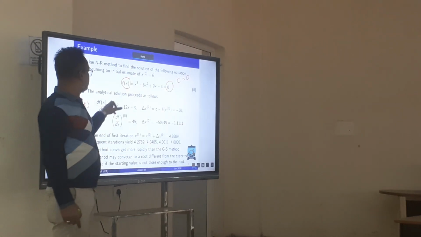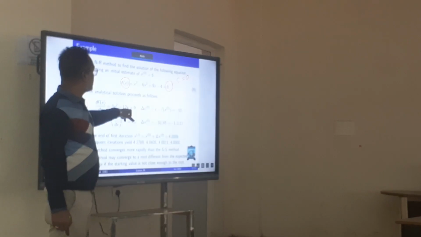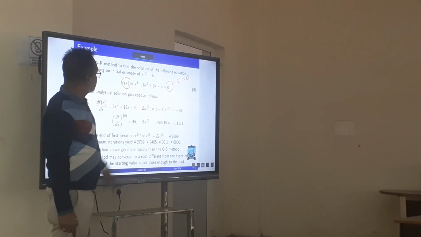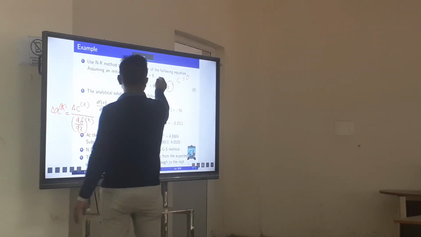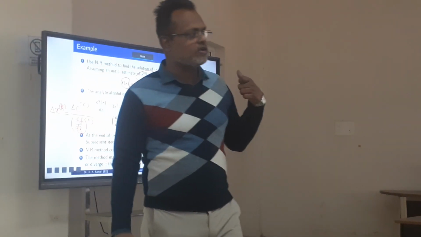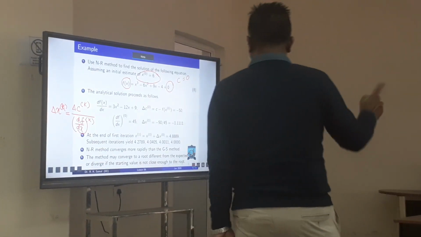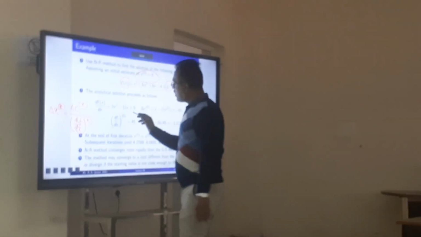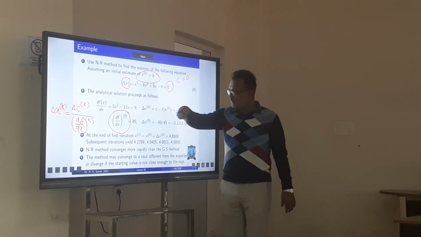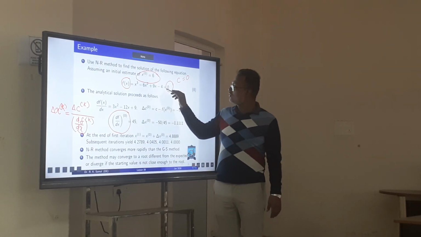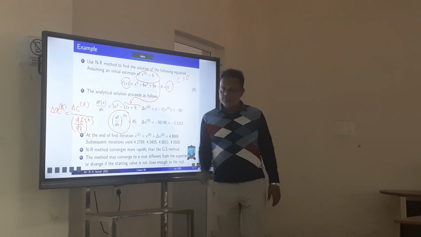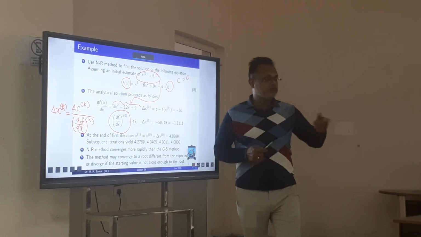What is df by dx in this case? 3x square minus 12x plus 9. Now the initial guess. We are starting with an initial guess of 6. We can start with any guess, but for this example we start with 6. So at 6, what is the value of the derivative? Find out. Calculate.